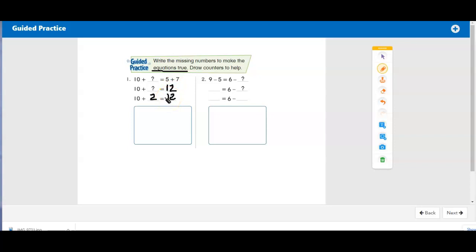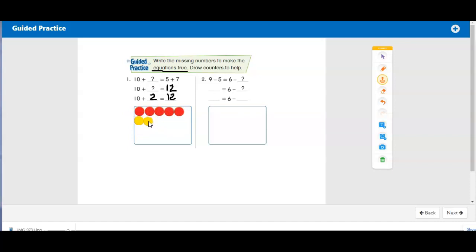Now you can use counters if you would like. You could use counters to help you solve for 5 plus 7, and then also solve for 10 plus blank. For example, if you wanted to solve for 5 plus 7 and you don't have counters at home, you can also just do this with your pencil and make X's. So if you wanted to solve for 5 plus 7 first, you could make the 5 red counters.